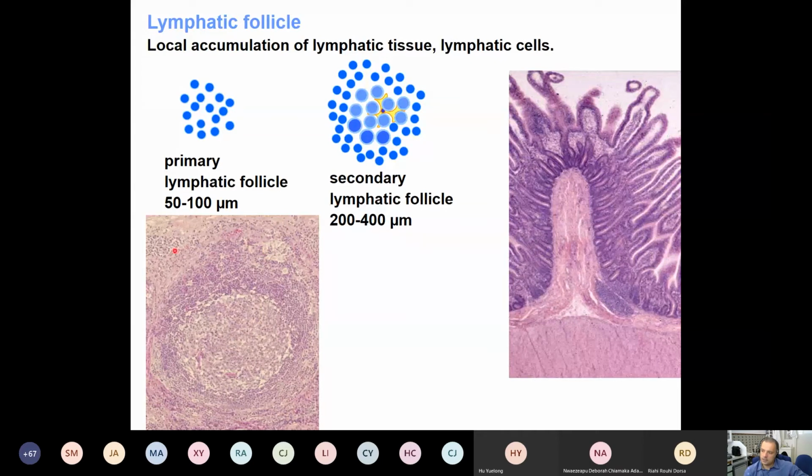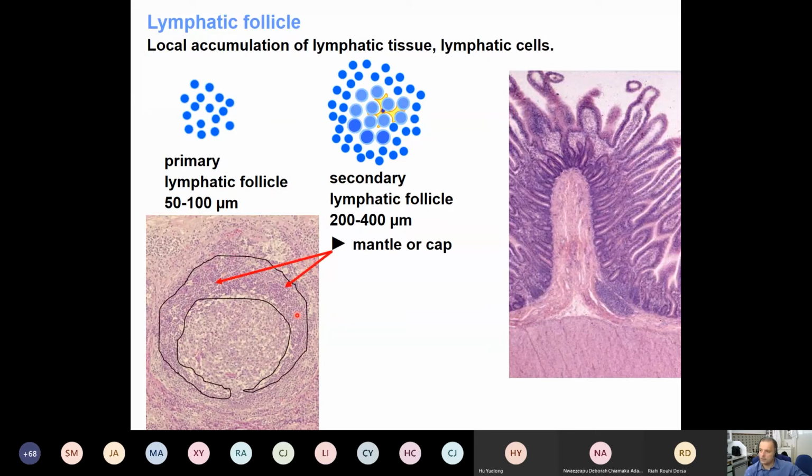So this is the low power magnification light microscopic hematoxylin eosin stained image of a secondary lymphatic follicle. I think it's obvious for everyone that in the center you have a zone that is a little bit paler, and outside that you have this area which is packed with much smaller cells, which have this quite dark color.